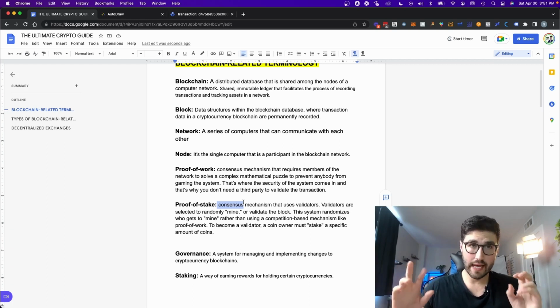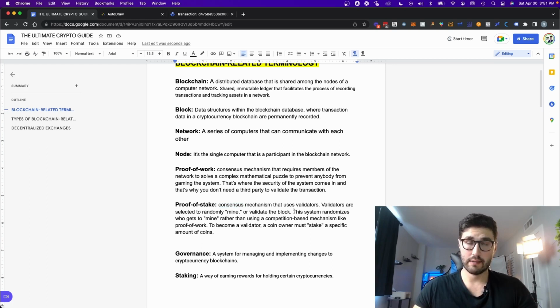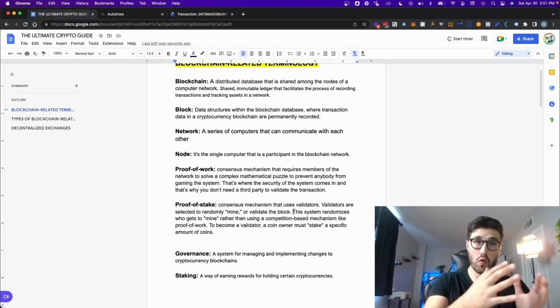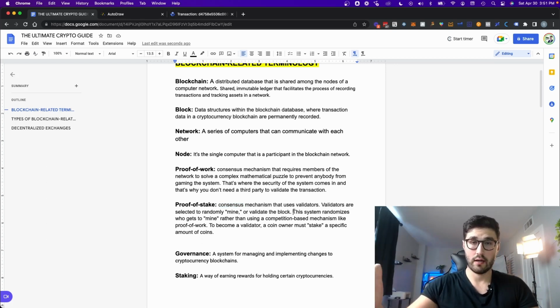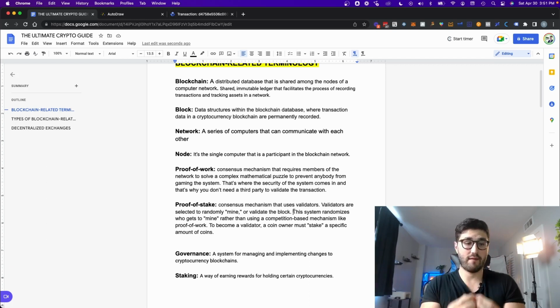So the validators are selected to randomly mine and validate the block, okay? This system basically randomizes who gets to mine and who gets to validate that specific transaction, rather than using a competition-based mechanism like the proof of work, okay?